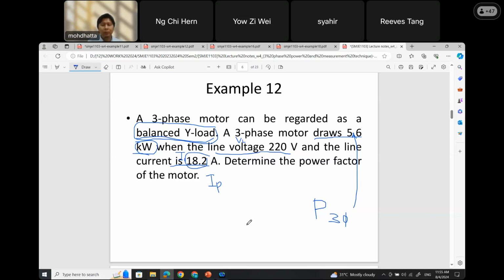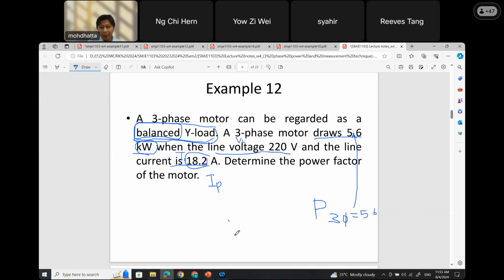One more thing that you also need to have in mind, since it is a balanced load, the keyword here is balanced. It means that if this is three-phase power, which is 5.6, I put it as 5.6 over here.